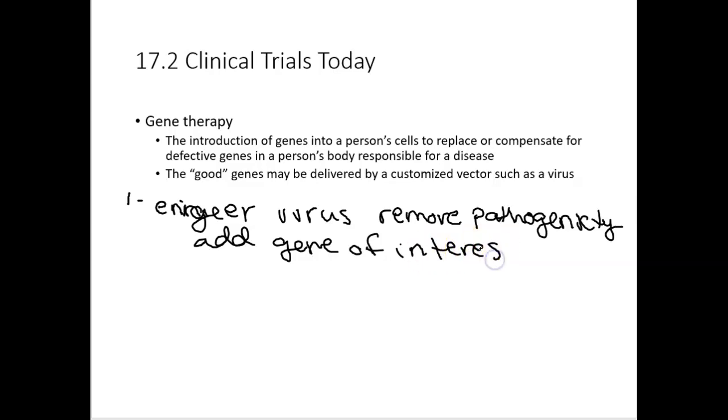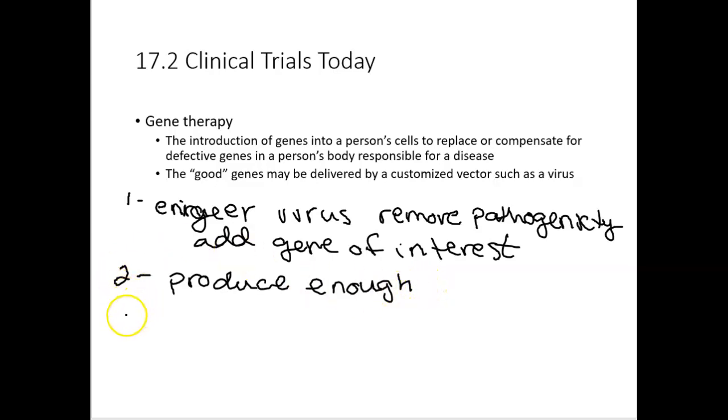All right, and then you've got to be able to produce enough virus to be effective. And this is not a trivial task. If you are introducing a virus into a person, and remember the liver is going to get almost all of it, then you might have to produce a lot of virus for one person. So there's some cost effectiveness things here that need to be taken care of.